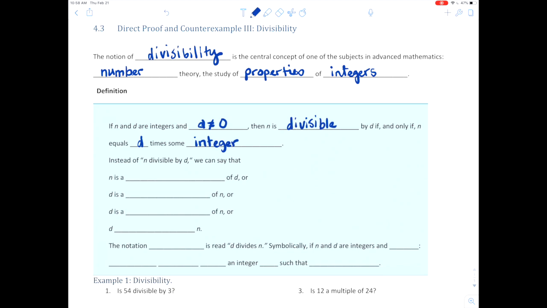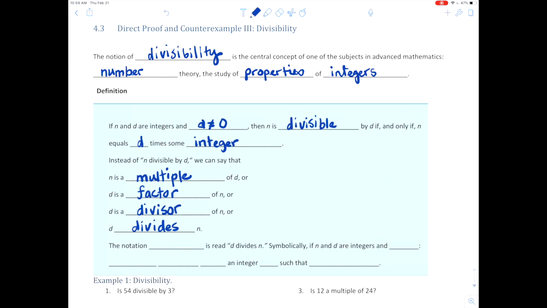All right, so there are different ways we can look at this. Instead of saying n divisible by d, we can say that n is a multiple of d, or d is a factor of n, or d is a divisor of n, or d divides n. And there's actually special notation for that.